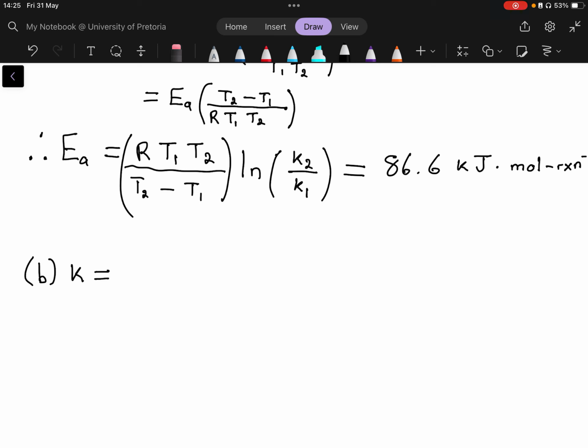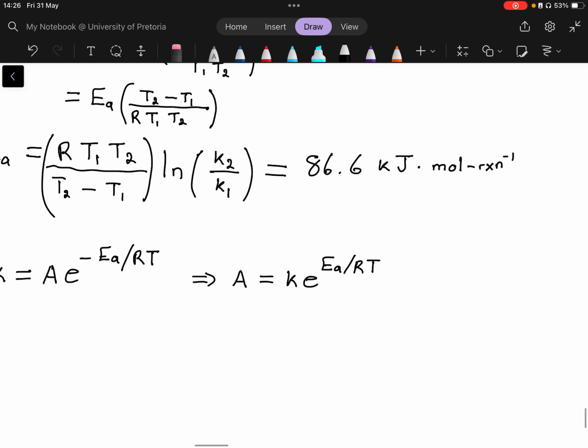K equals A e to the power minus EA divided by RT. Right? So that means we can solve this for A. So in general, A will be equal to K e to the power EA over RT. I mean, so you just basically drop the minus.